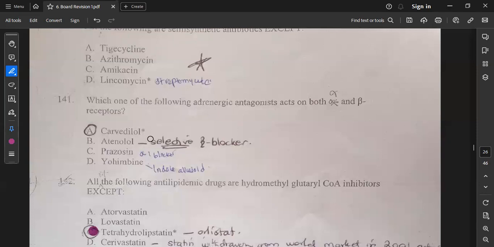Which number are you? I'm lost. We are at number 142, but we are asking about types of lipoproteins and maybe their clinical significance.